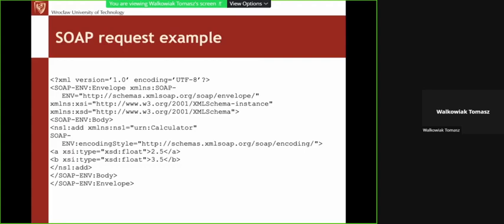From that sense, that is the extra information that is required here. Just notice I have to send two numbers to be added, and it's human readable because it's XML. It's nice because I could just look at the results.